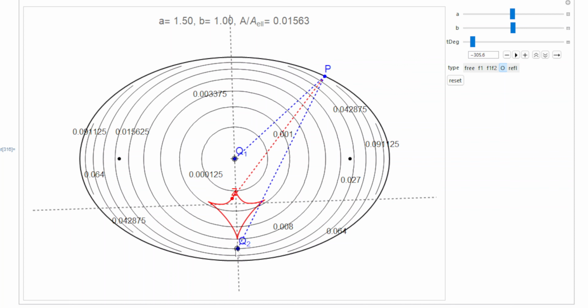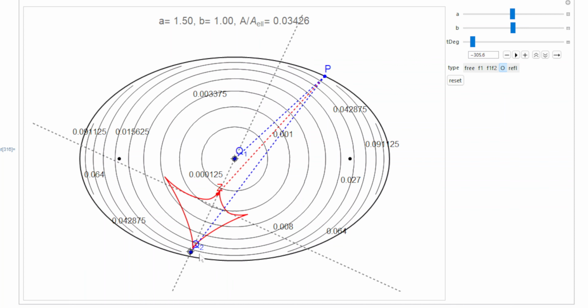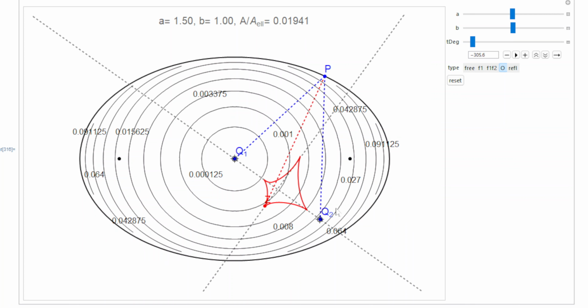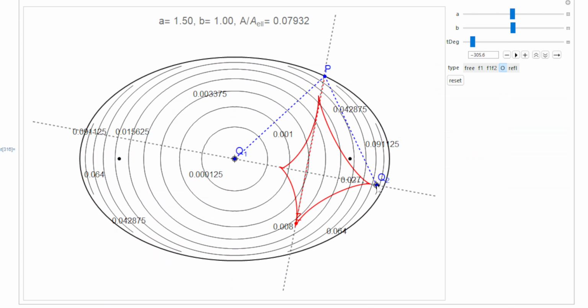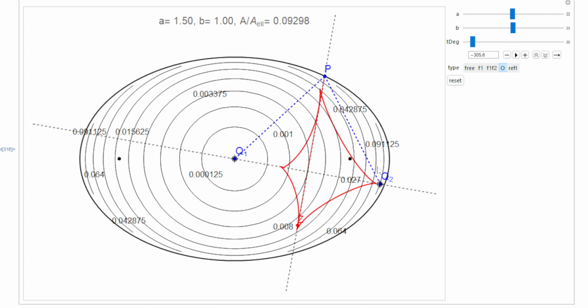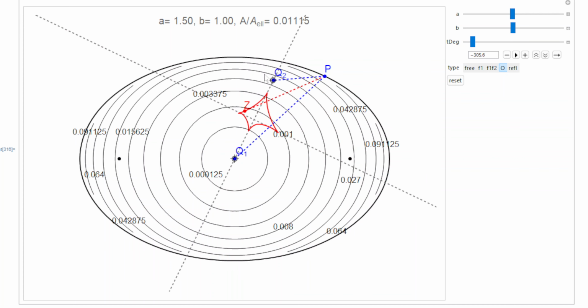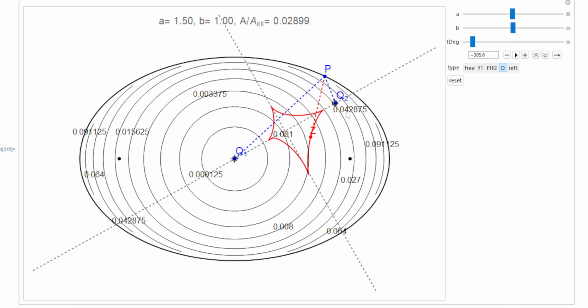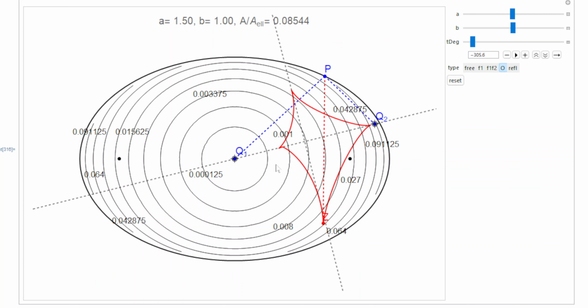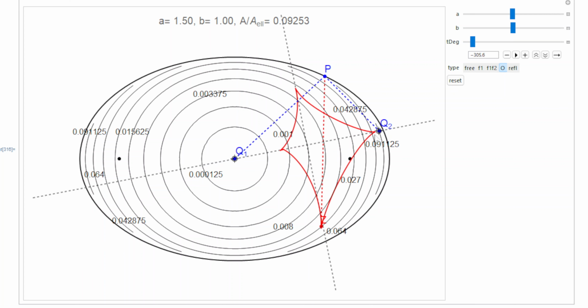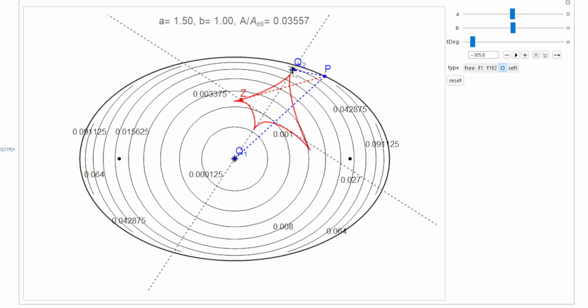Can I cause that self-intersection to happen if one of them is in the center? Perhaps there's an interesting affirmation here that you can't, but this would have to be further investigated. You can see here that you're already getting a kind of a fracture here, so there could be something at play here.